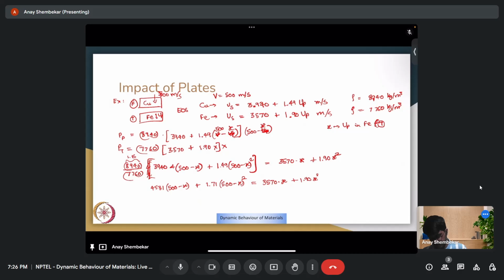31 into 500 is 2.26. I'm simplifying it a bit. 2.26 into 10 raised to 6 minus 4531x plus 2.427 into 10 raised to 6 minus 71 into 1710x plus 1.71 square is equal to 3570x plus 1.90x square.